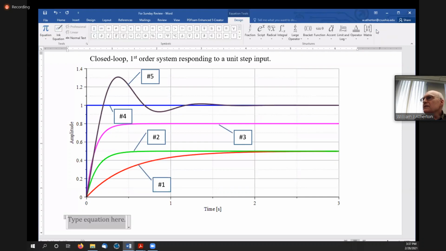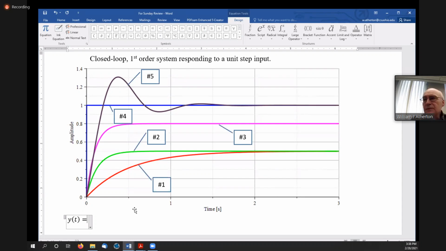The equation for the response for a closed loop first order system with a proportional controller is what?